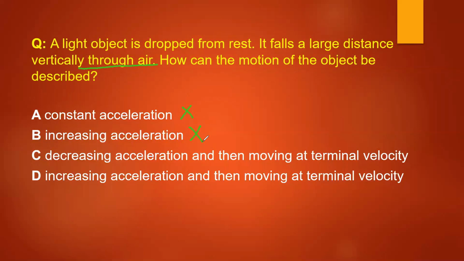C, decreasing acceleration and then moving at terminal velocity, that can be possible because the acceleration keeps decreasing, and finally acceleration is going to be 0 and it moves with terminal velocity. D option, increasing acceleration and then moving with terminal velocity. In the air, when air is opposing the motion, acceleration cannot increase in that case. It is going to decrease.